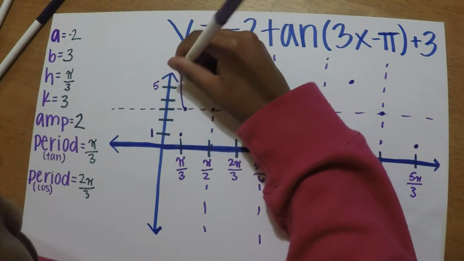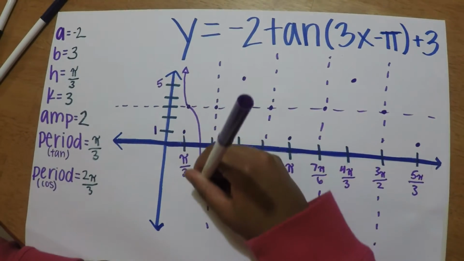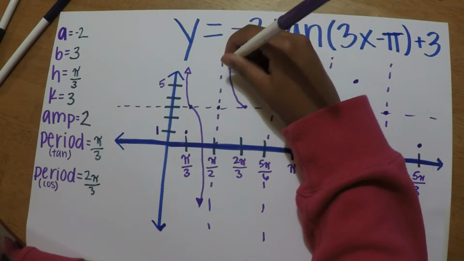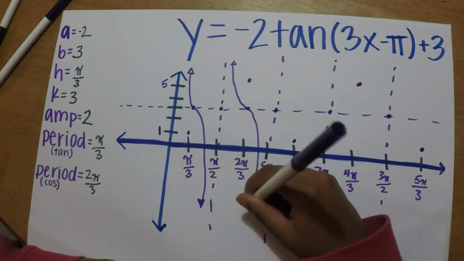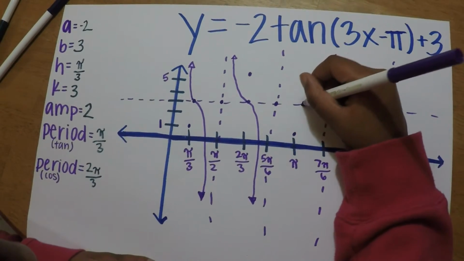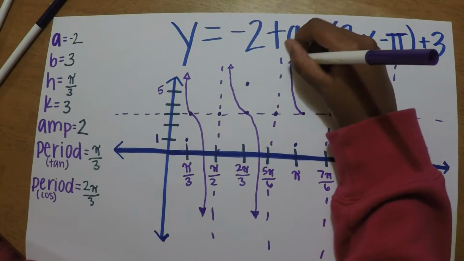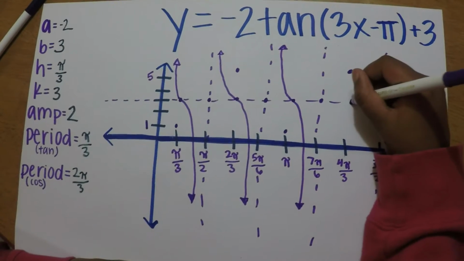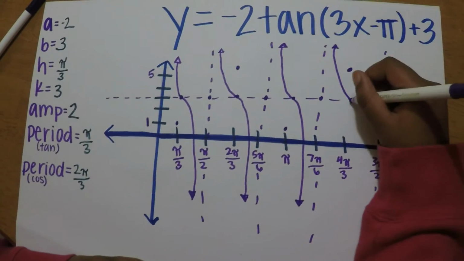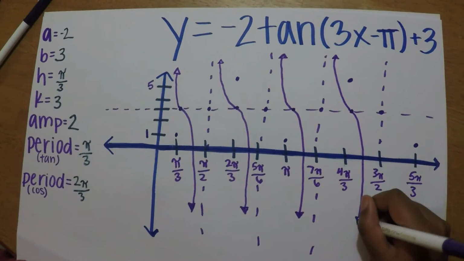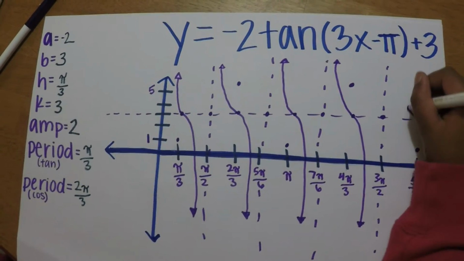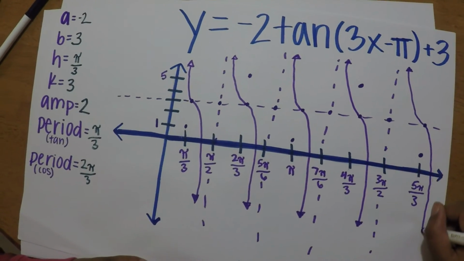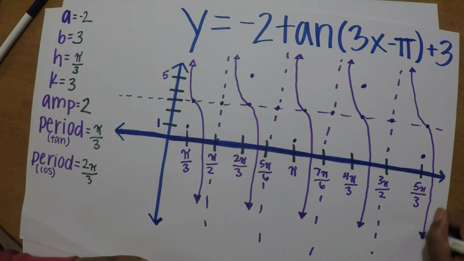And then you just approach every asymptote. And that is how you graph a tangent function.